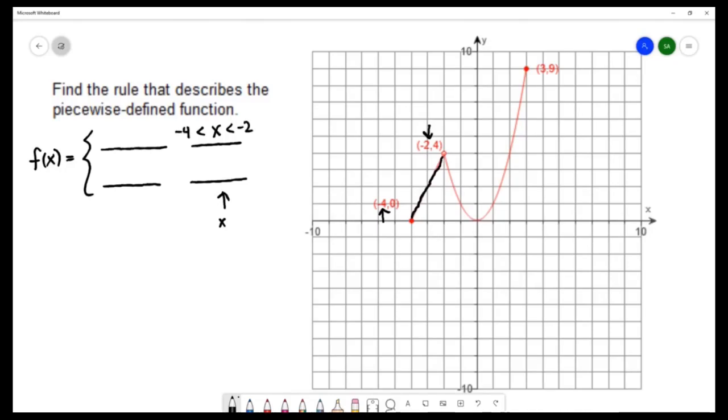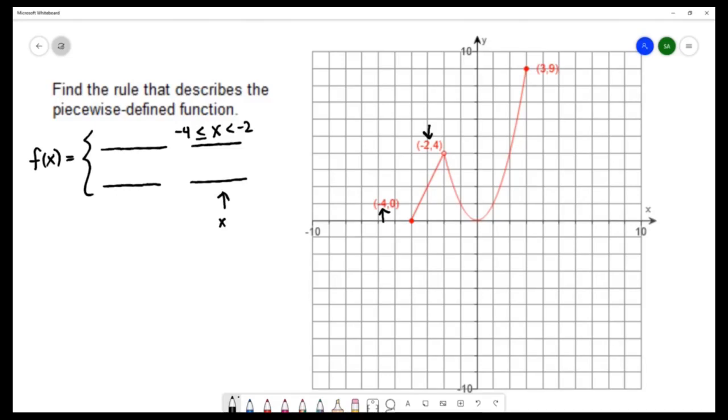And then you want to pay attention to the endpoints. So you'll notice that this endpoint at the -4 is drawn with a filled-in circle, but the endpoint with the x of -2 is drawn with an open circle. So that means that we are going to put an equal to on the -4, but not on the -2.